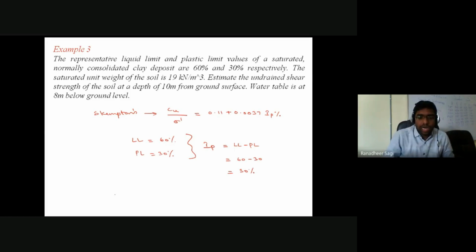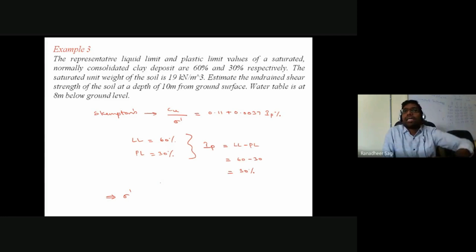And what else is additionally required to me in this particular problem? I want to calculate sigma dash. Now, how do we calculate sigma dash? That is the effective stress. I am required to calculate the effective stress at that particular depth where this particular soil sample is collected, which has got the liquid limit 60% and plastic limit 30%.